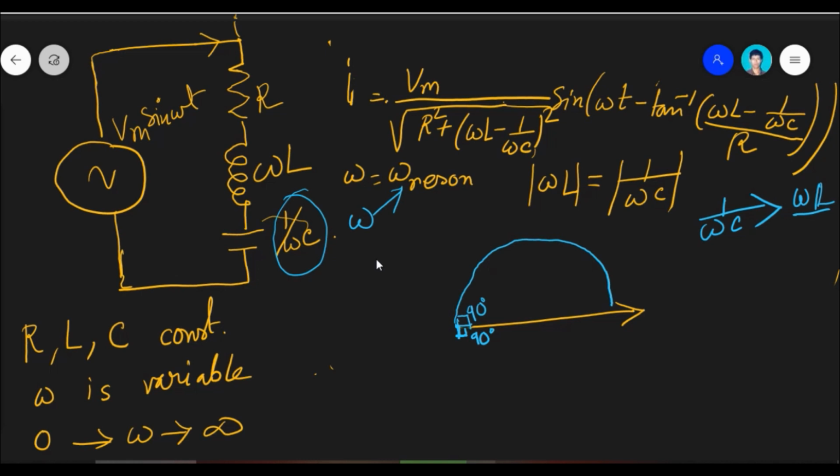Now every time I claim that this locus will be semicircular, a simple trigonometric and geometric relation can be used to prove that these are semicircles.